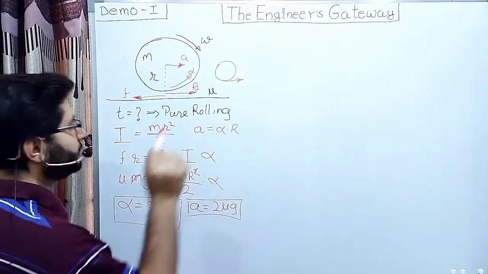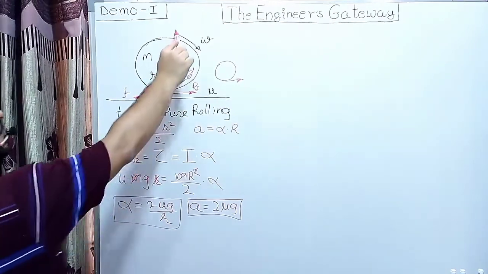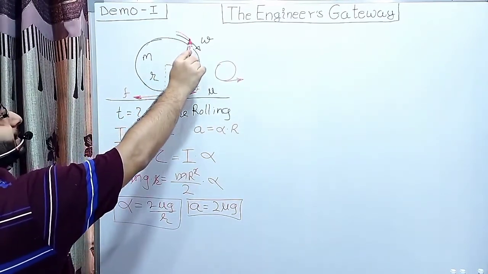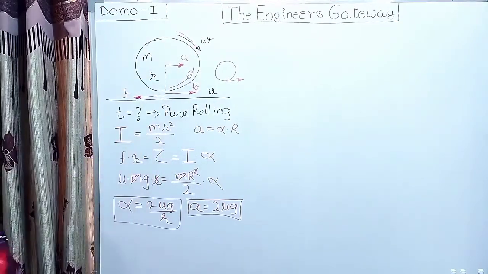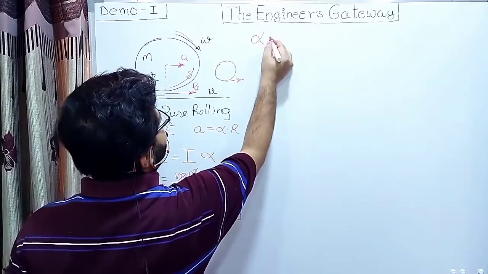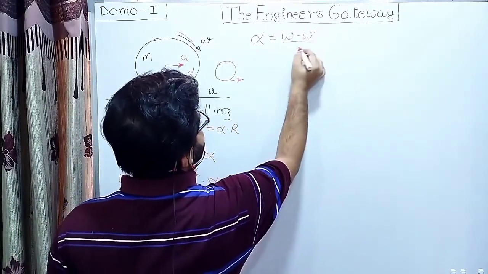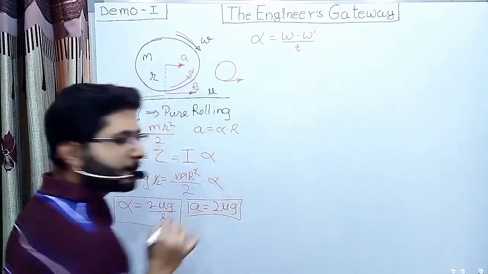Now again look at the problem. As this disk will start decelerating in angular velocity, what we will get is alpha is equal to omega minus omega dash by t.